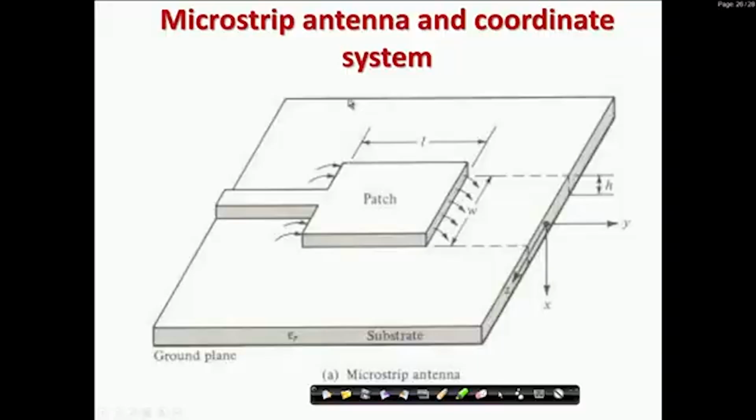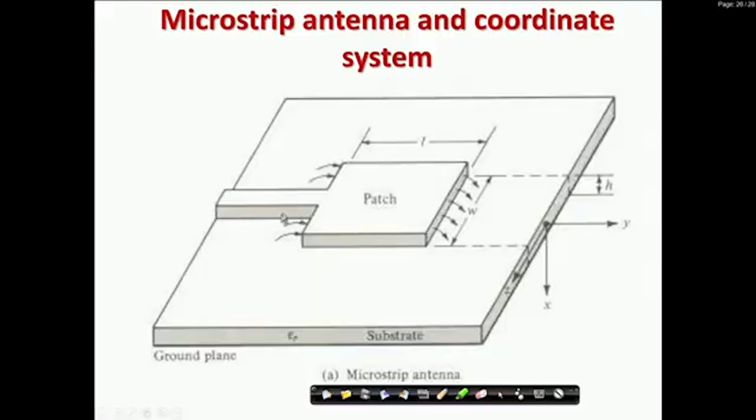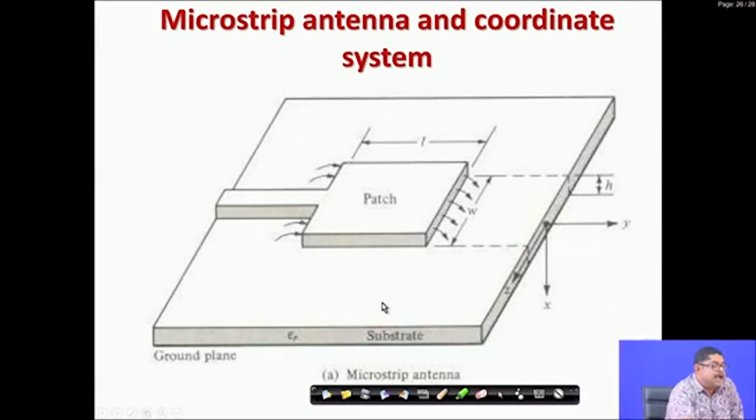But we will now see, if you look at this microstrip antenna, this top layer is called the patch, this is a metallic thing. Also, you have the ground plane. Between the two metallic structures, you have some substrate, that is a dielectric. Here you see this is a slot.